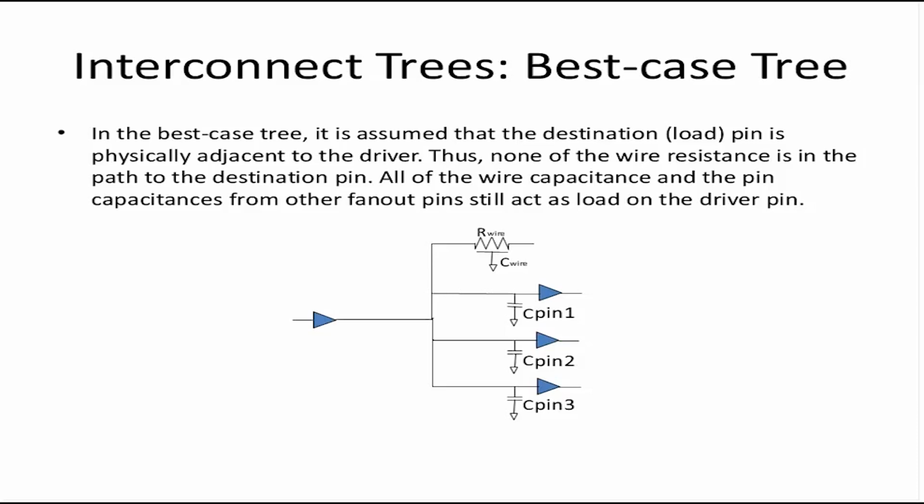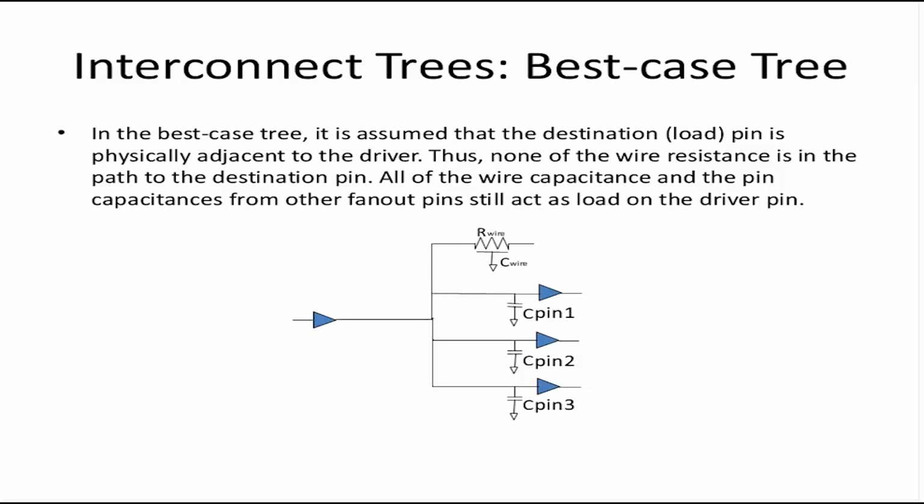We'll see in the lab that this term has come across when we saw the standard cell library. It mentions the tree type, either best case tree or worst case tree, and so on. So let's see what this tree type is. In the best case tree, it is assumed that the destination pin, the load pin, is right next to the driver.